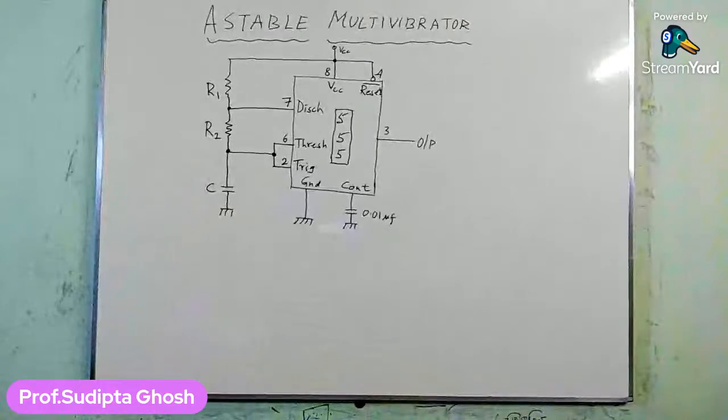So the time constant of charging of the capacitor C will be R1 plus R2 into C.